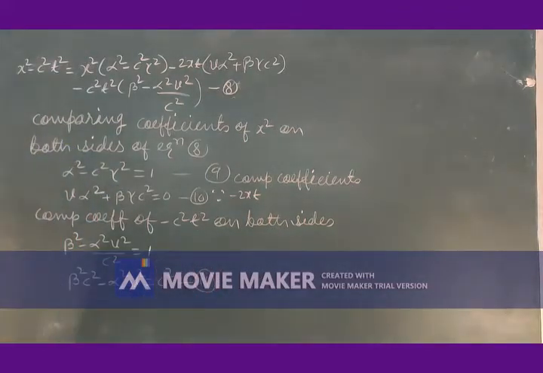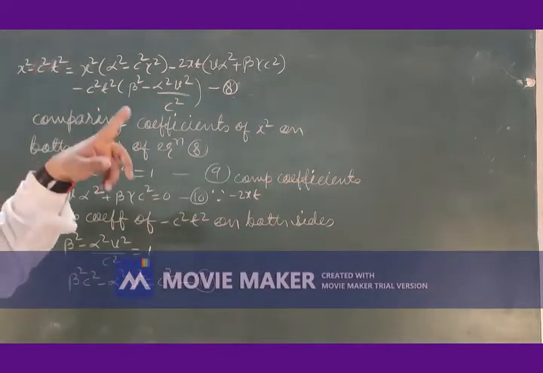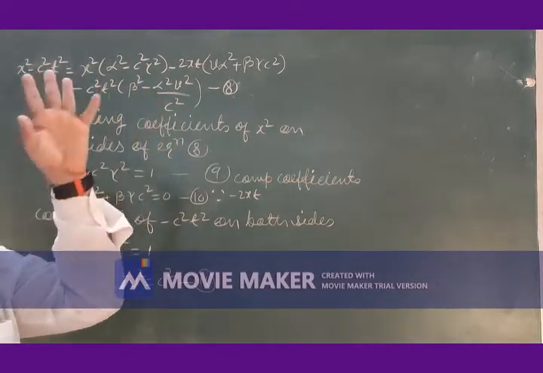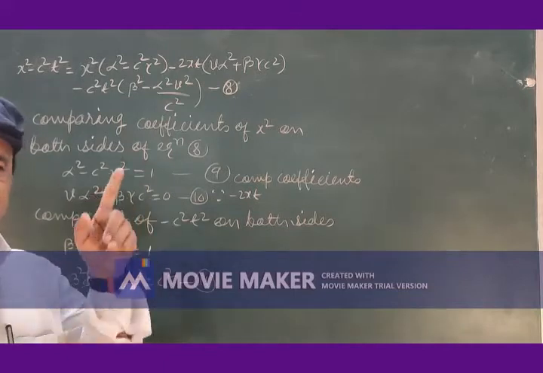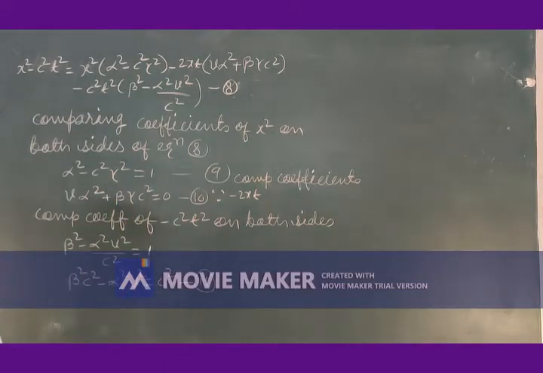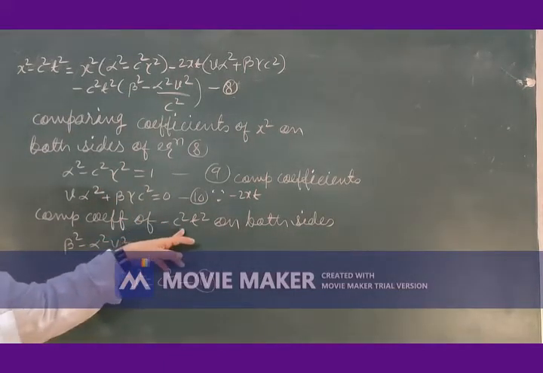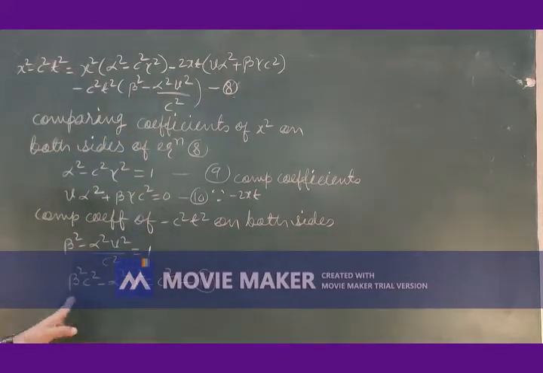Equation number 11. Comparing coefficients of x square on both sides, we got equation 9. Comparing coefficients of minus 2xt, we got equation 10, and comparing coefficients of minus c square t square, we got equation 11.